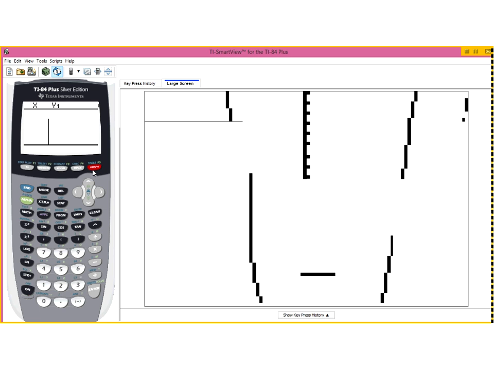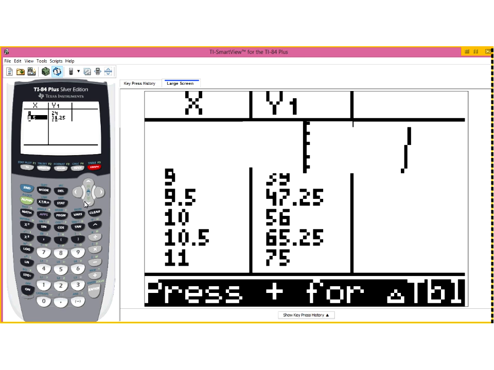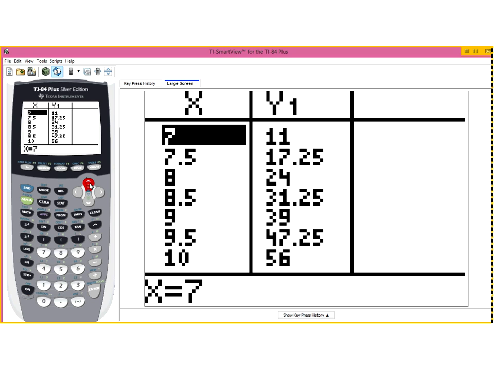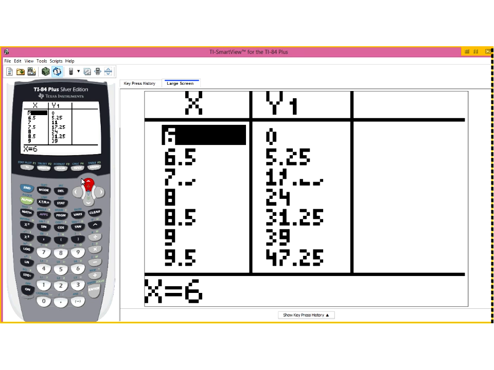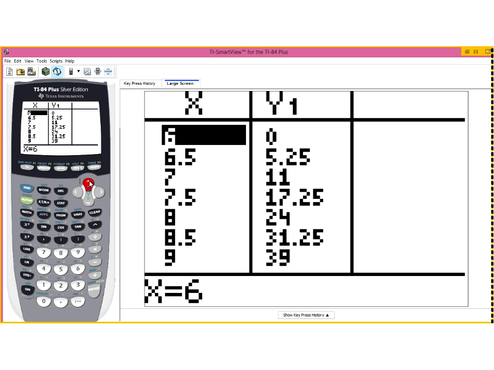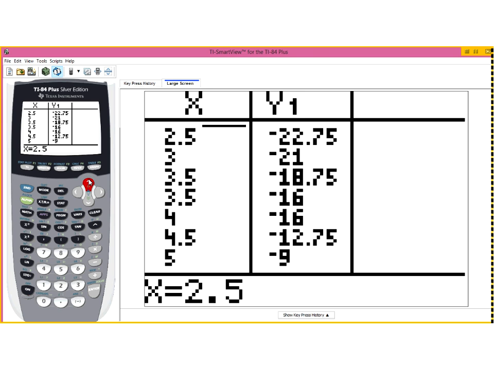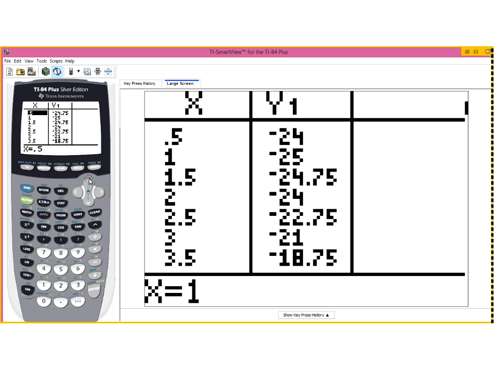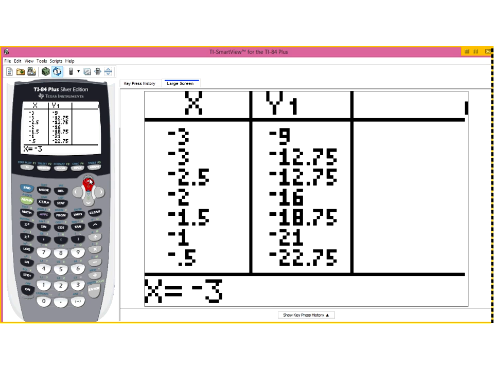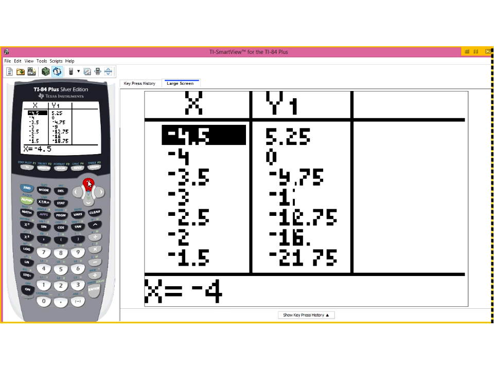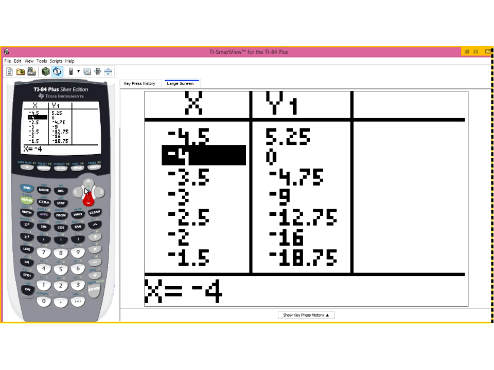But if I go to the table and start going through the table, there I see I'm at 0. And now I have all of these values that are less than 0. And I still have all these values less than 0 until I get to minus 4, and then I'm positive again.